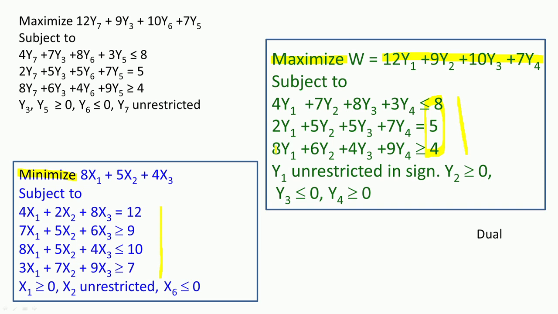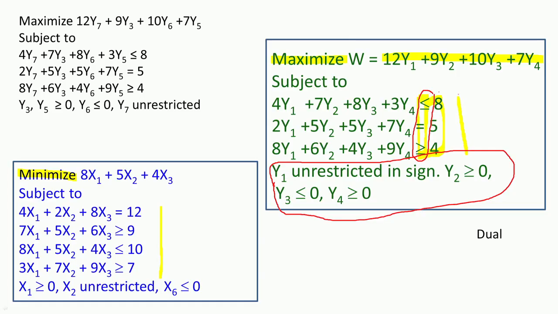The only difference is, we now have to see what happens to the sign of these. How are the signs of these inequalities related to the primal? That is the only thing that remains that we have to see.